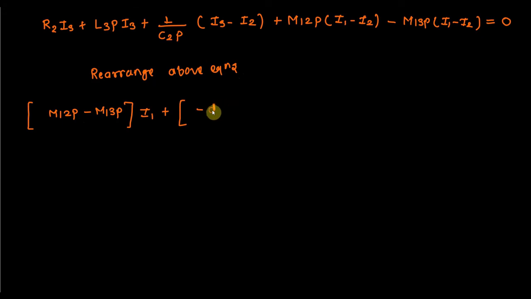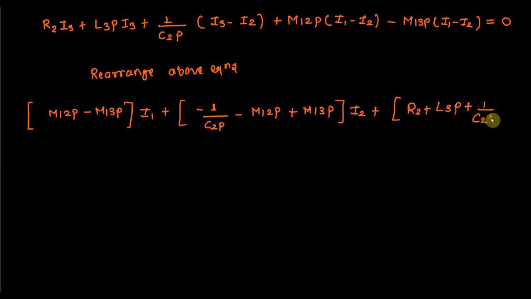For I2 there is minus 1 upon C2P, minus M12P, and that is plus M13P. Okay, this is I2. Similarly write for I3. So there are I3 terms. Yes, there is R2 plus L3P plus 1 upon C2P. So there is no other term, and this will be equation number 3.